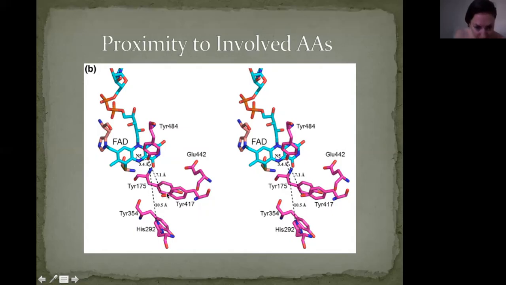The tyrosine 417 is 7.1 angstroms, and the histidine 292 is approximately 10.5 angstroms. They only gave 3 measurements, but you can see approximately that they're all within 15 angstroms, so they could potentially have the ability to catalyze this reaction. And then again, you can see the pink moieties of the cysteine 176 and the histidine 114 covalently bound to the FAD, holding it in place so that it can go through the catalytic reaction of converting CBGA to THCA.